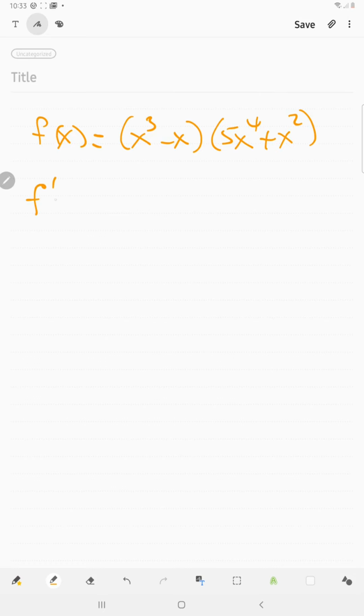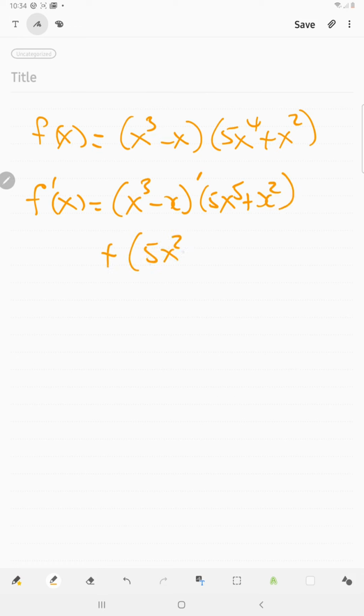So f prime x in this case will be this one, (x cubed minus x) prime, and then you multiply this, and then you add the other one, x squared prime, times x to the power 3 minus x.